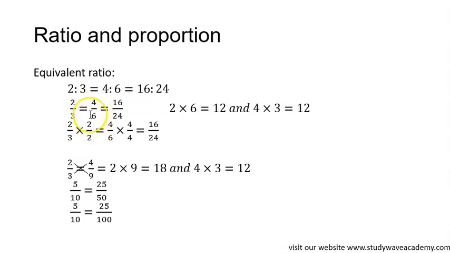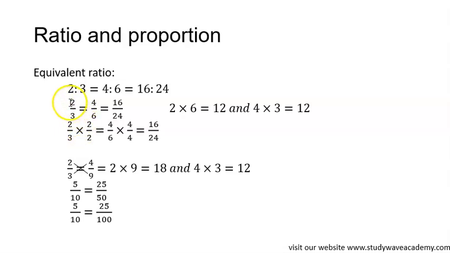So how did we get these equivalent ratios? This is our original ratio, 2 ratio 3. We also got this ratio and we also got this, and they are still equivalent to our original ratio. How did we do it? Whatever you do at this side, you do it also at this side. Whatever you do at the numerator, you also do it at the denominator.